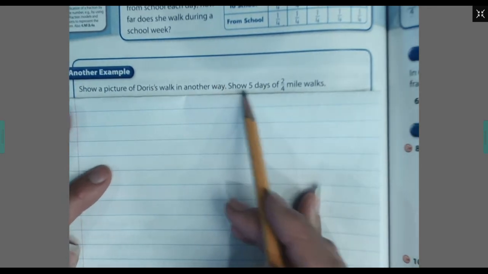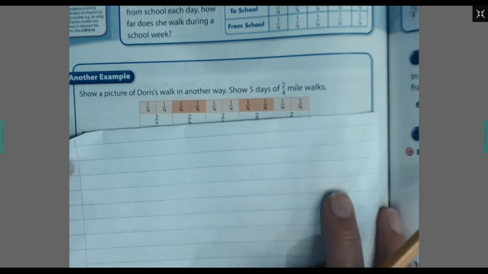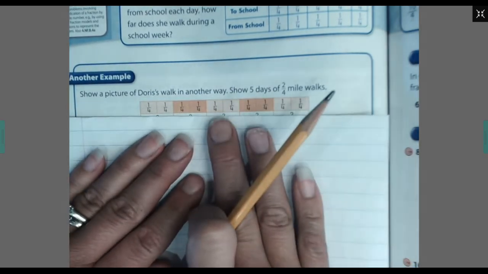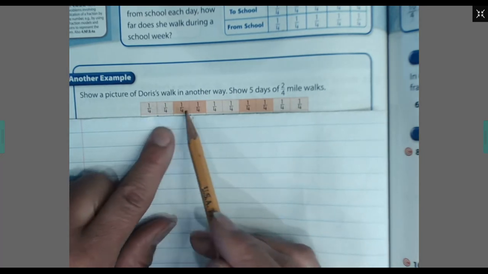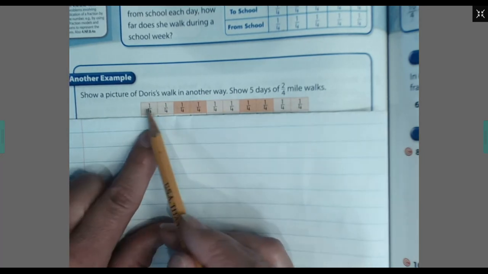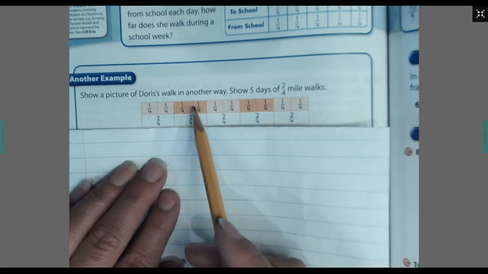Each of those days was 2/4 of a mile. So here's our 10 quarters again. This time they have it shaded to show you 2 quarters in one day. So that's her first day, that's her second day, third day, fourth day, fifth day.